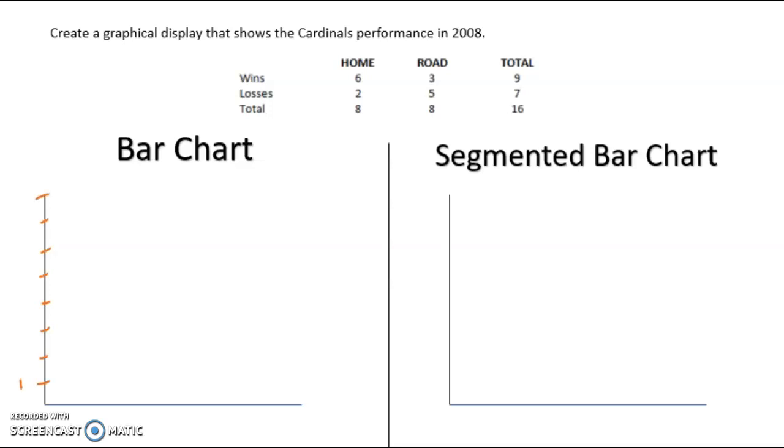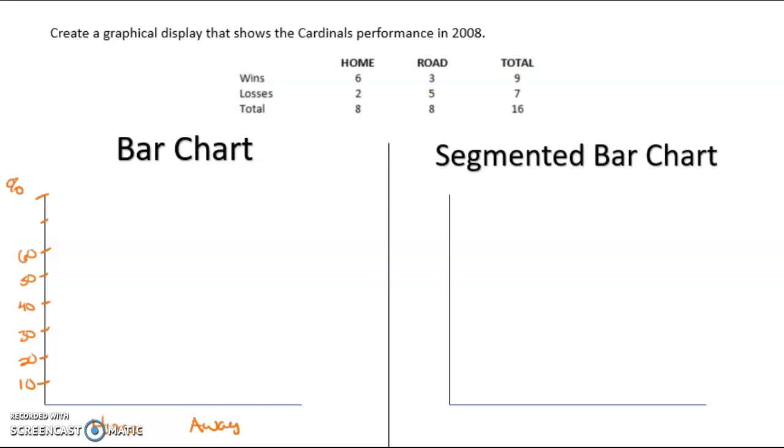Starting at the bottom, we got 10, 20, 30, 40, 50, 60. If I need more, I will, but going up the y-axis is percent. Over here, we're going to do our 2 categories: home versus away.